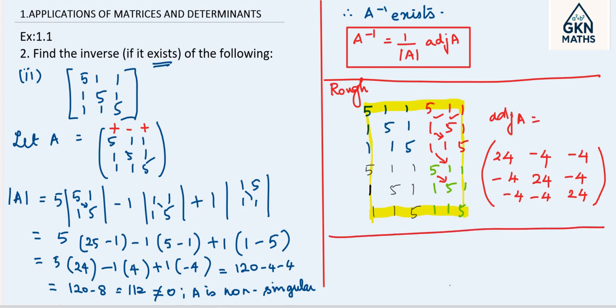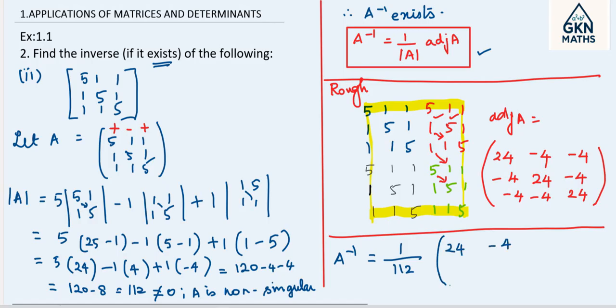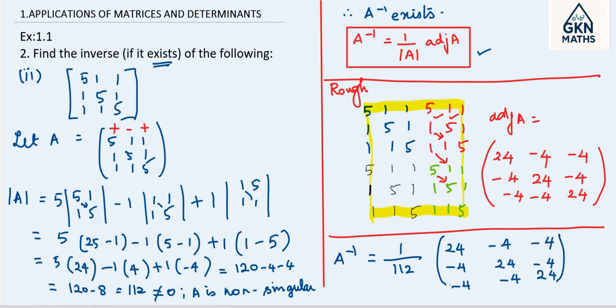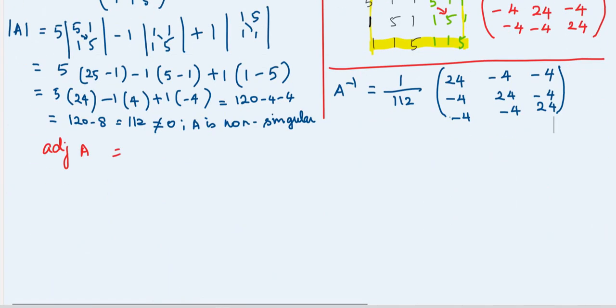Next, finding A inverse. A inverse we know is equal to 1 by determinant of A, that is 112, into the adjoint, that is 24, minus 4, minus 4, minus 4, 24, minus 4, minus 4, minus 4 and 24. Now the elements in the adjoint of A are all multiples of 4.